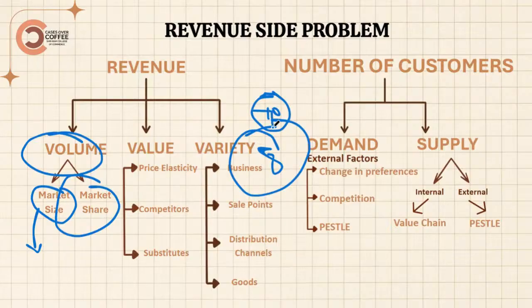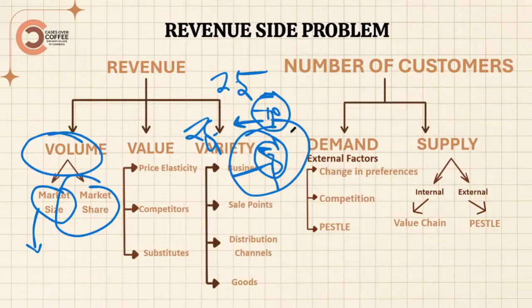Earlier, the client had 25% of the share, of let's say 2.5 crore, and they still have 25% of the market share, but the industry is affected. In this case, we will try to understand why the overall industry has suffered. Secondly, we will try to understand why this specific company is suffering more. In this case it is still 25%, but we try to understand where exactly the problem lies.